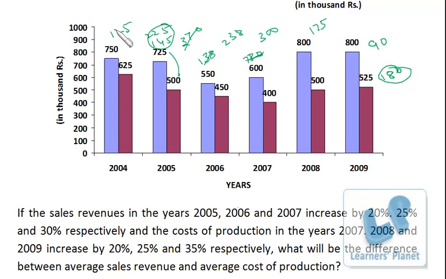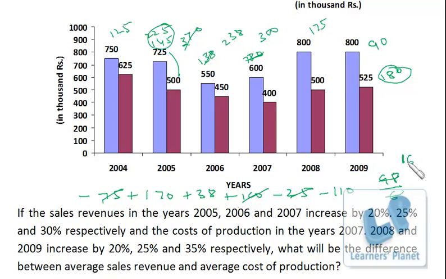So it is minus 75, plus 170, plus 38, plus 100, minus 25, minus 110. So this is minus 75, minus 25, minus 100, and this is 100. 170 minus 110 is 60. 60 plus 38 is around 98, divided by 6.